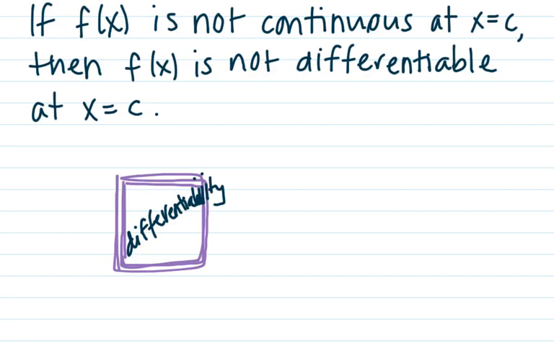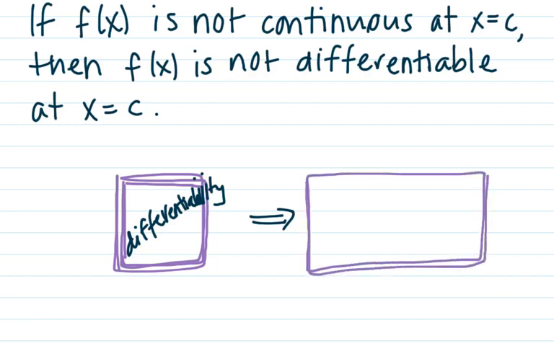Differentiability implies that it is continuous, but it does not go in the opposite direction. So differentiability implies continuity. That's a one-way street.